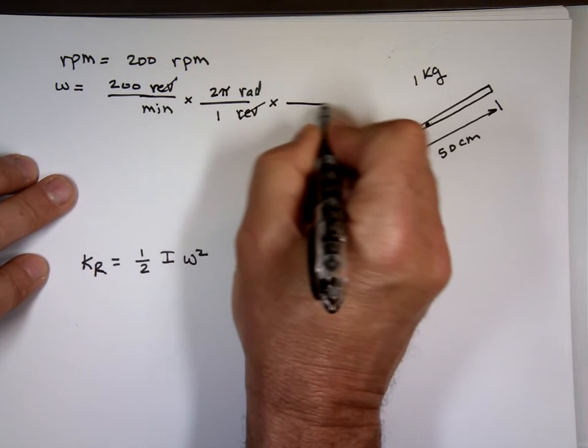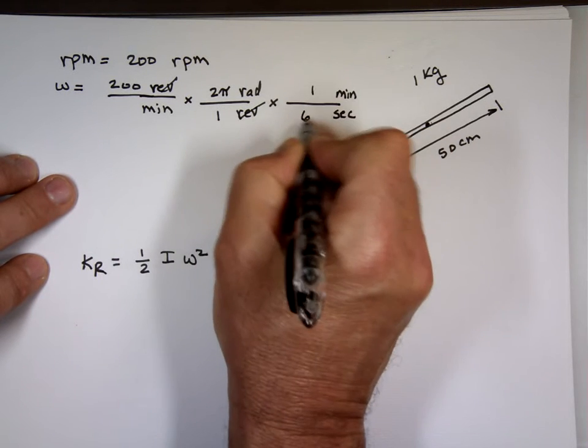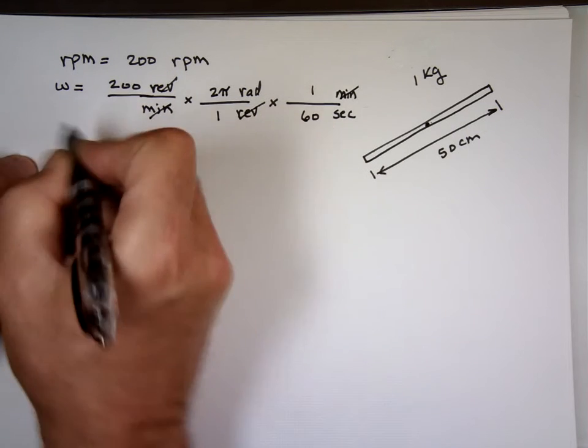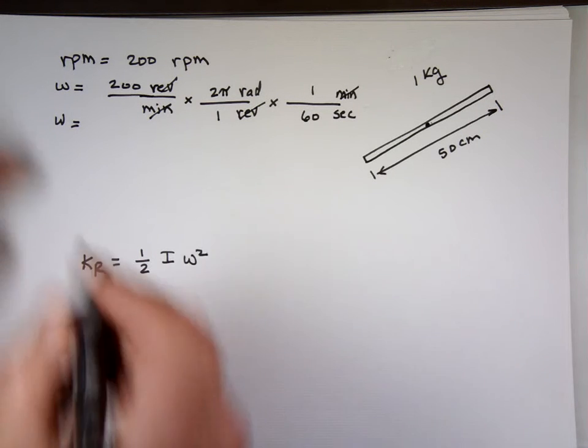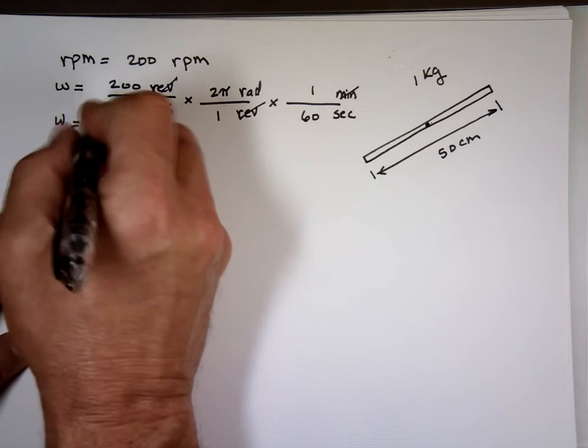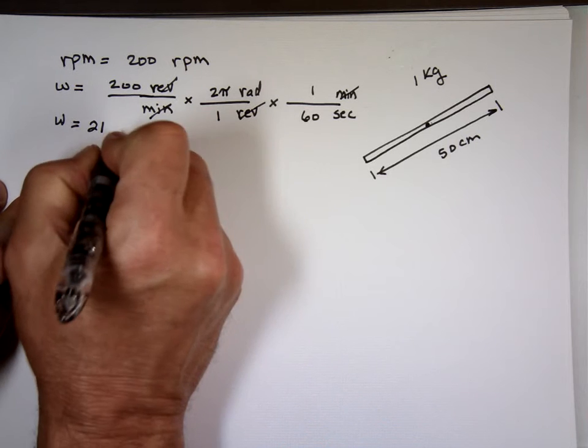I want minutes on the top, seconds on the bottom. 1 minute has 60 seconds. So W is equal to 200 times 2 times pi divided by 60. I'm getting 20.9, I'll say roughly 21. I'm not typing my answer on the computer, so 21 is good enough, rad per second.